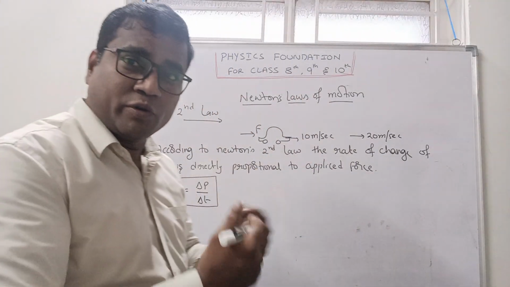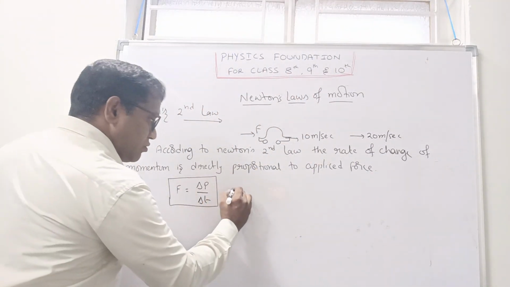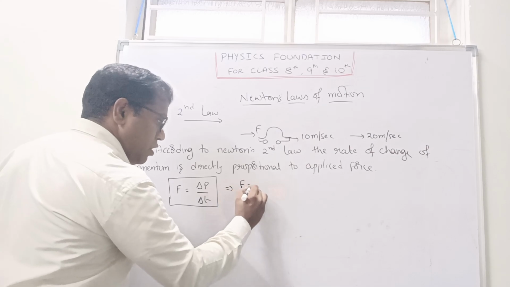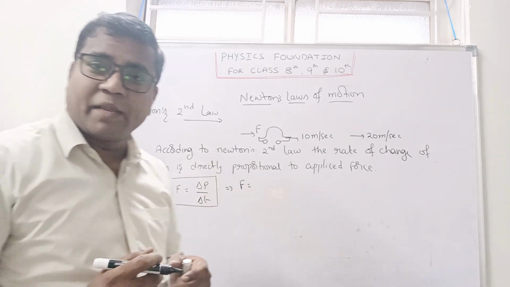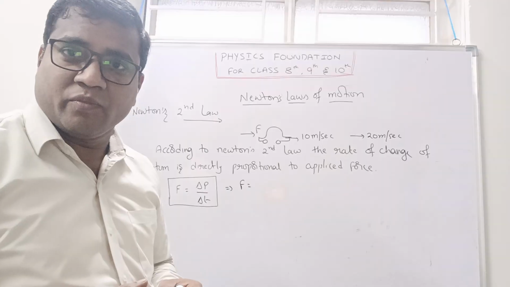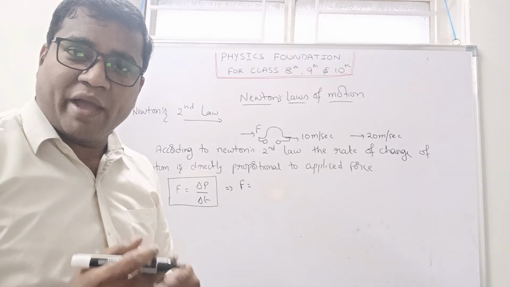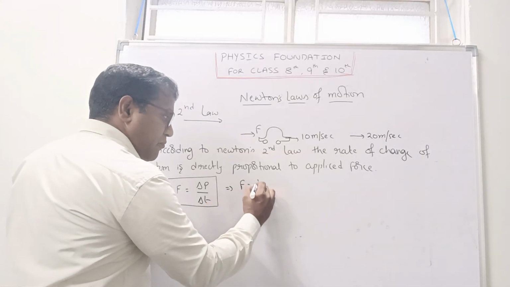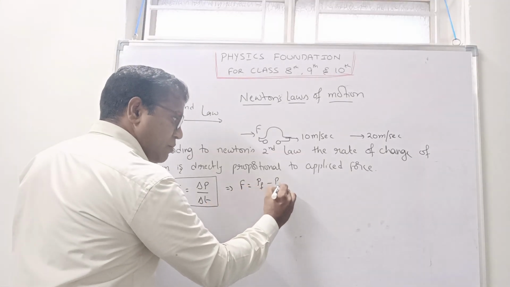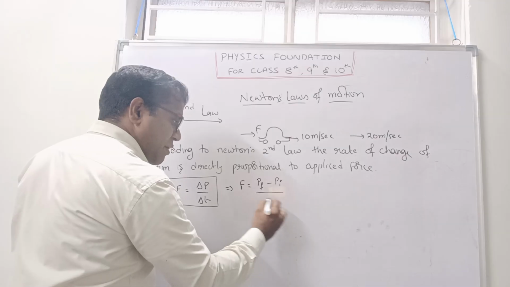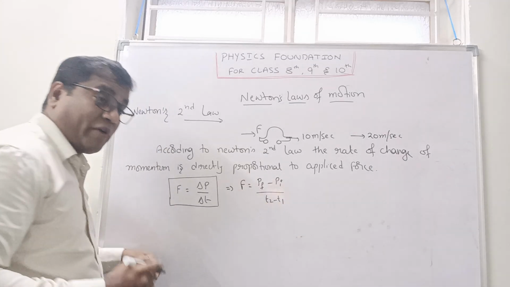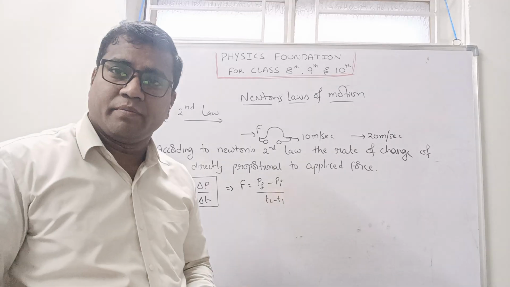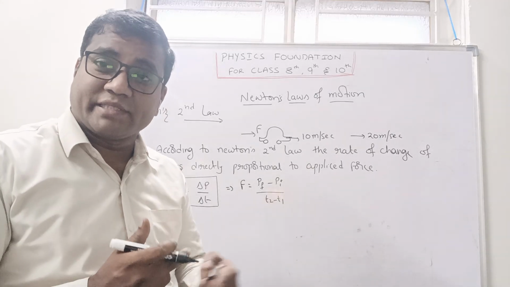Further, if you want to derive, see here, F is equal to delta P upon delta T. What is delta P? Delta P is the change in momentum, which is final momentum minus initial momentum, upon time. Delta T is T2 minus T1, final time minus initial time, so it is the time difference.